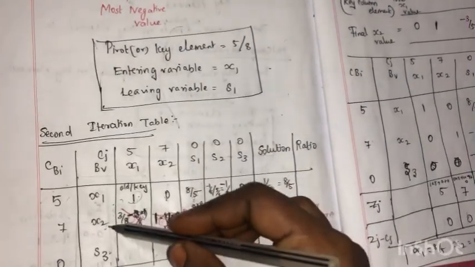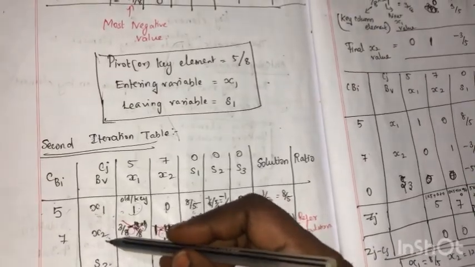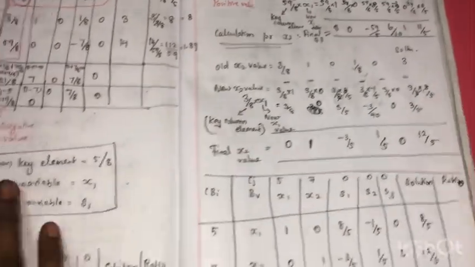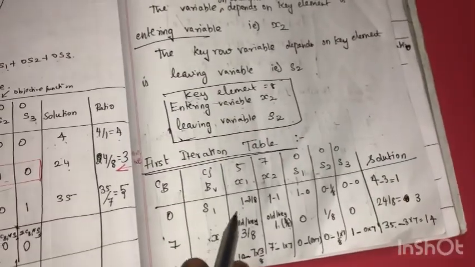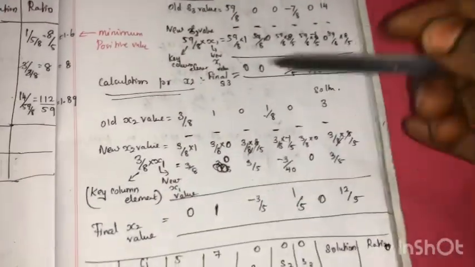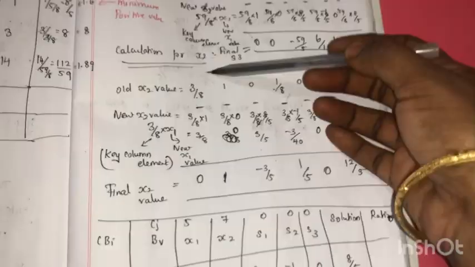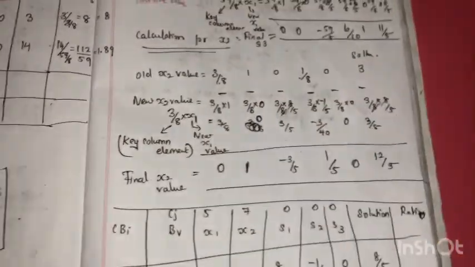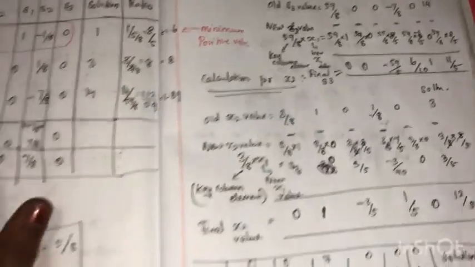For x2 and s3, that means for the non-key row, you are going to find it using this formula. For s1 and s3 we already calculated. Likewise we are going to calculate for x2 and s3. For x2, the old x2 value is 3 by 8.